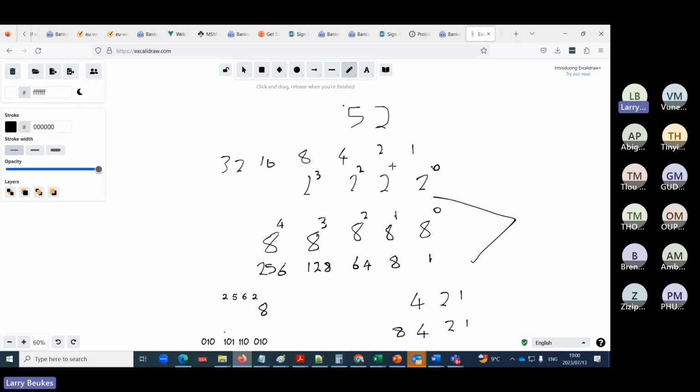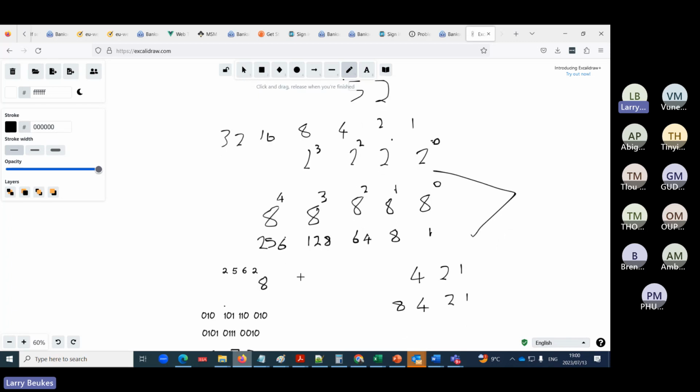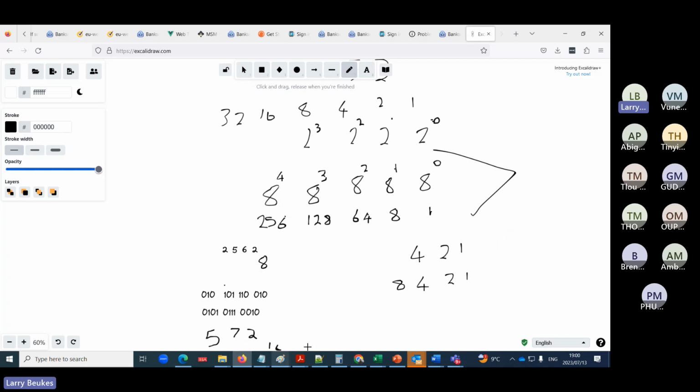So what were we doing there? We were multiplying this by this, and then this one by this second bit, and then this one by this one. This is going to be big numbers, but that's how you do it.